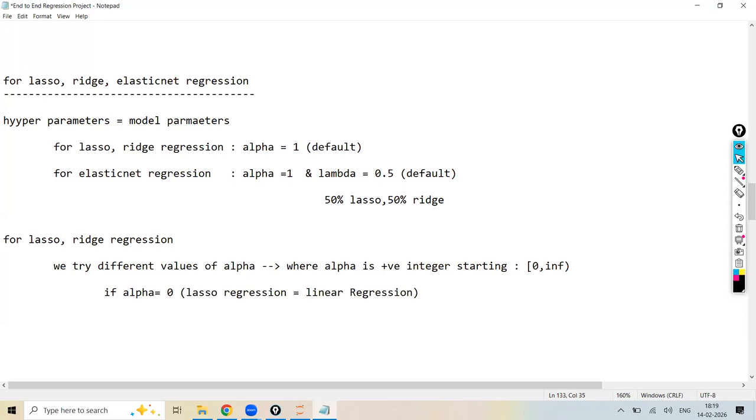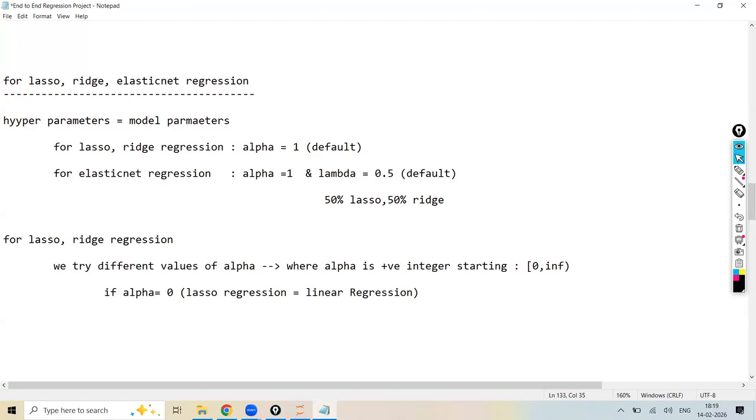There is no difference between them; both are the same. Then how to try different values?